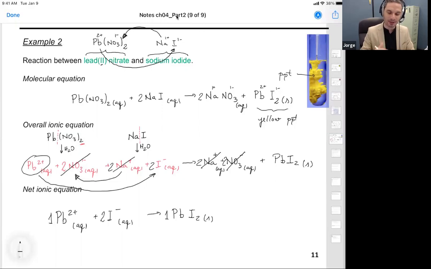What's in the past is in the past, is done. Cannot change it. Let's move forward, okay? Let's practice a lot how to write chemical equations, overall ionic equation, and net ionic equations, and we will ace it at the end, okay? So if there are no more questions, then I think that's good enough for today.